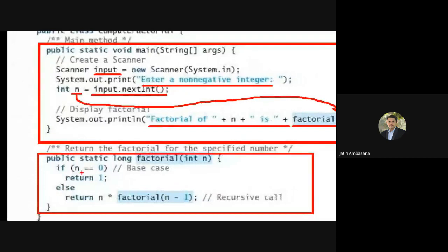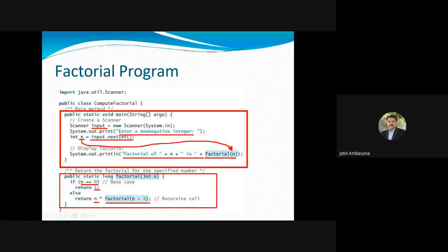If the n value becomes 0, then only you return 1, else you return n into factorial of n minus 1. So that is a factorial program.